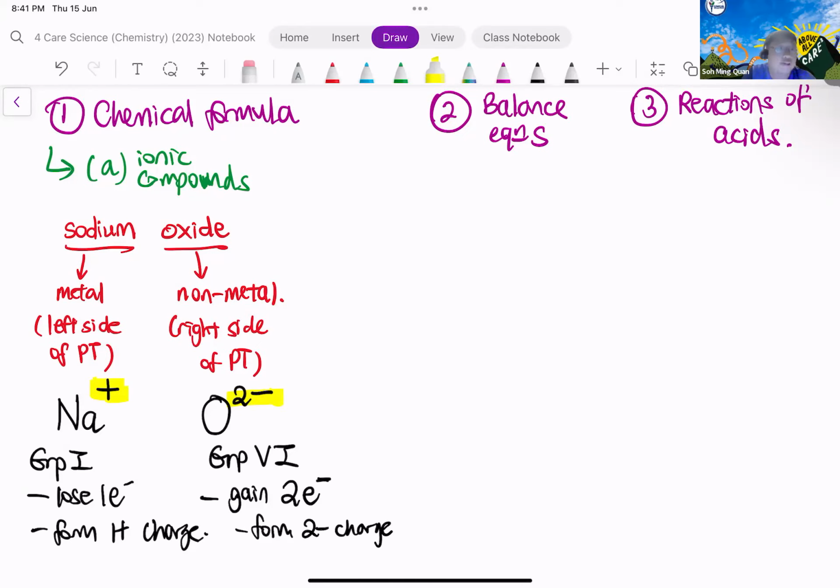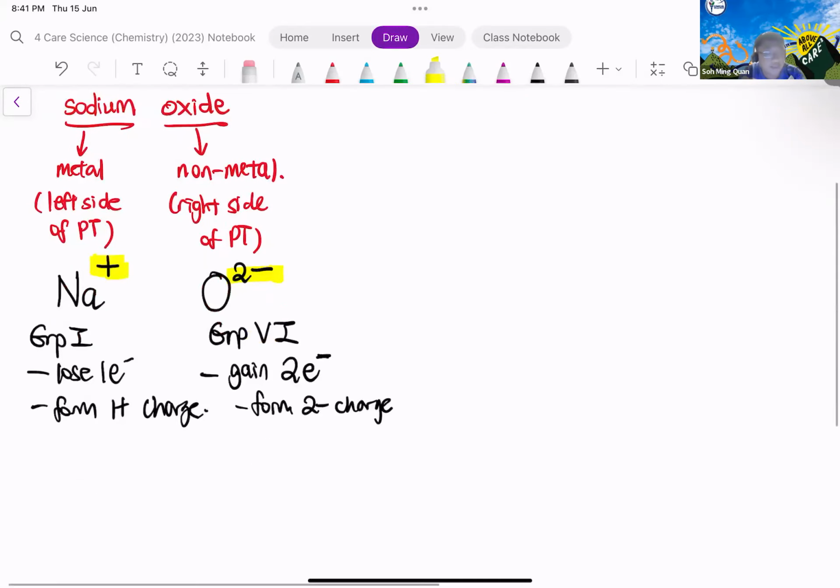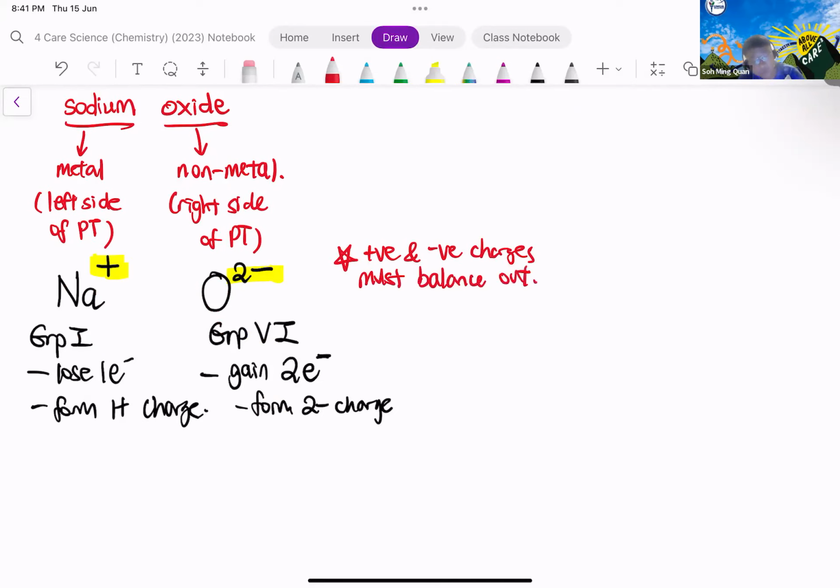In order to write the final formula, the concept is that the positive and negative charges must balance out. Currently, as it is, sodium ions have a +1 charge. Oxide ions have a 2 minus charge. They do not balance.